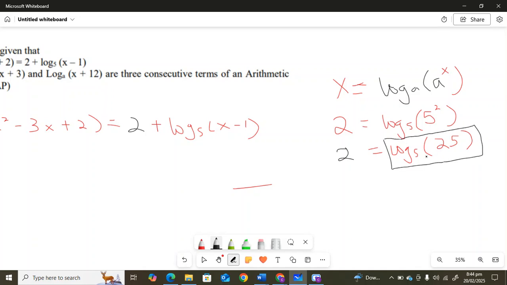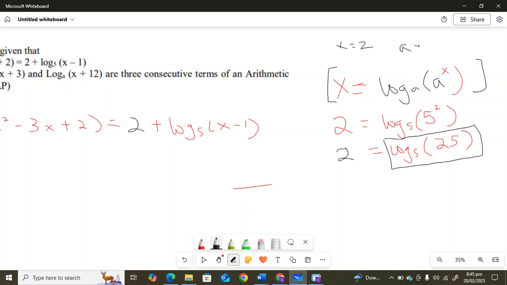Any questions on that? So you use this formula here. x, which is the number you have in the equation. In our case here, x was 2, equals log a.